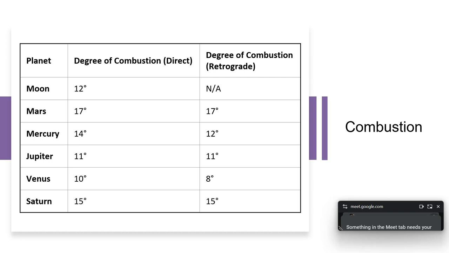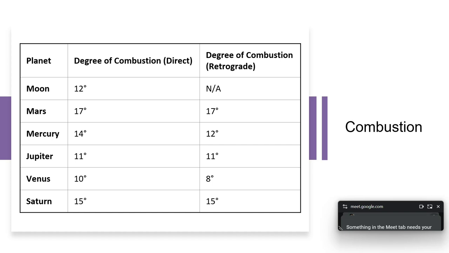Sometimes there is confusion in students' minds whether it should be in the same Rashi. Like if the Sun is in, say, Aries and the Moon is in, say, Taurus, and the orb is within 12 degrees, whether it will be considered as combust or not.